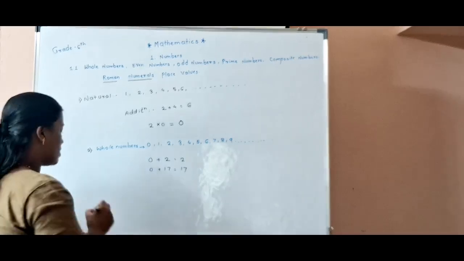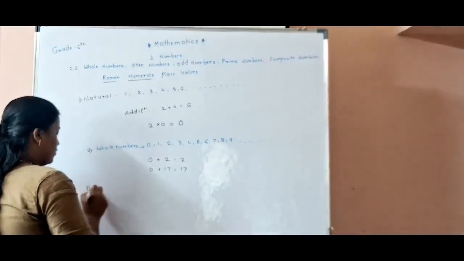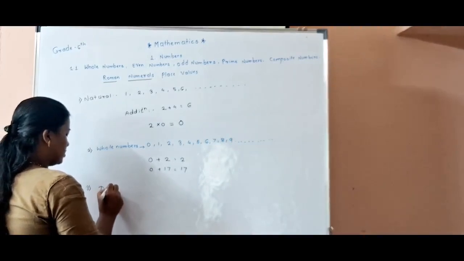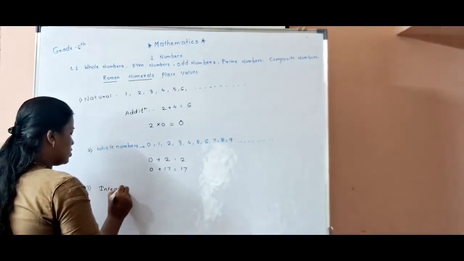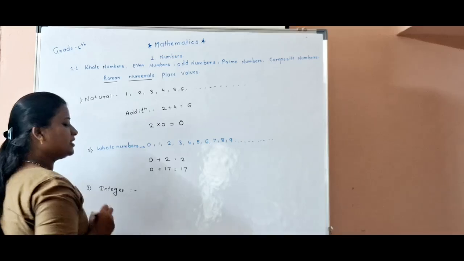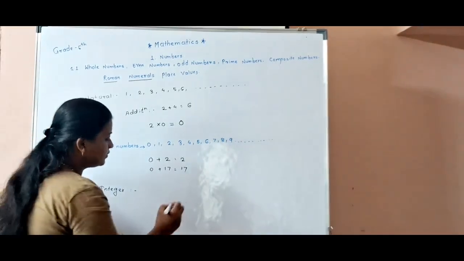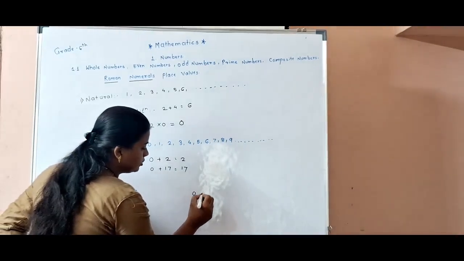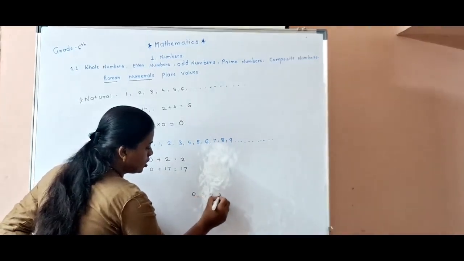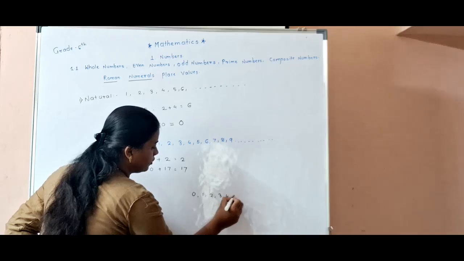Now, you will say that whether it is a natural number or a whole number, we haven't seen the negative sign anywhere. Already you have studied up to 0, 1, 2, 3, 4, 5.